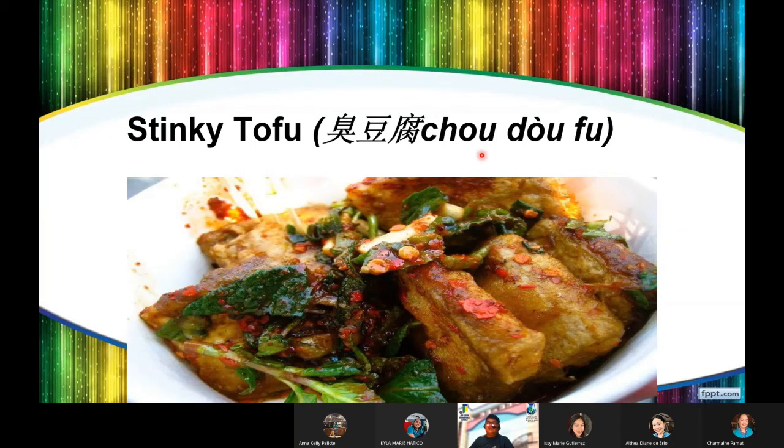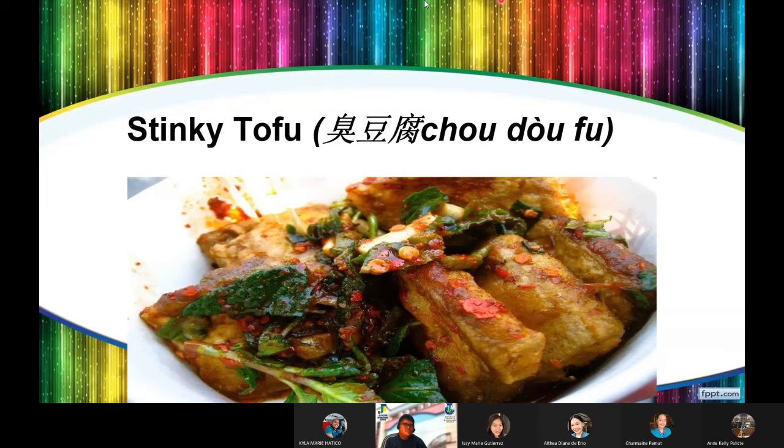Stinky siya because fermented ito na tokwa. Fina-ferment ito na tokwa, tapos because of the fermentation, nalalakas yung flavor, very umami ng tofu. But the consequence, it smells really bad. Amoy siya.